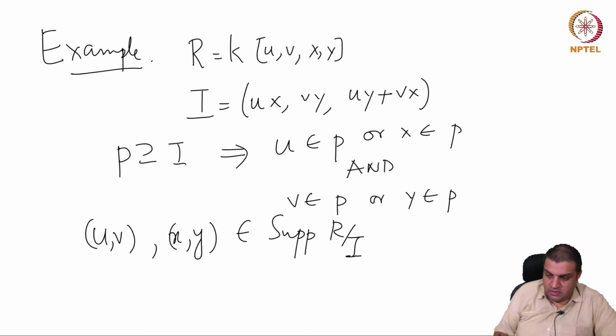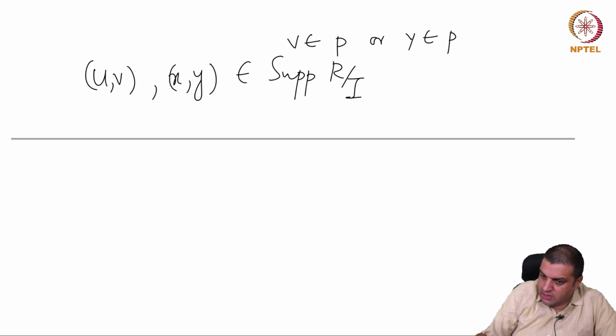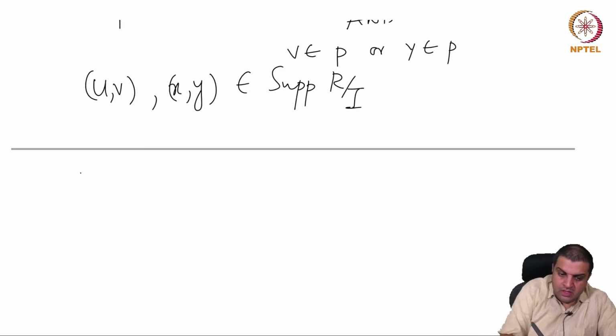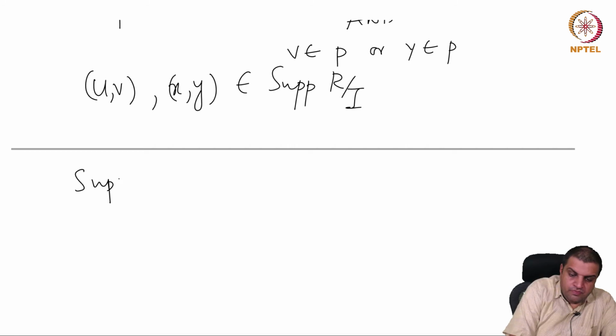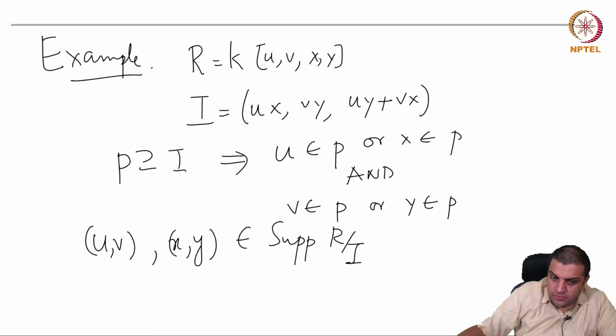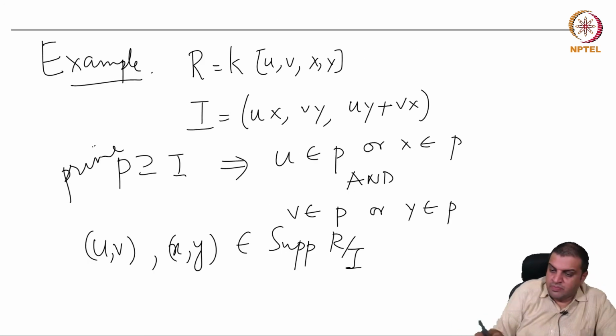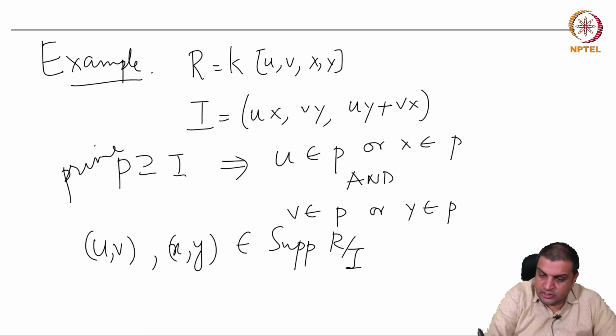Okay, so this is there. Now we can ask, suppose u is not there in P. P is some prime ideal. If u is not there, then x must be there, and if x is there, then this term is there.